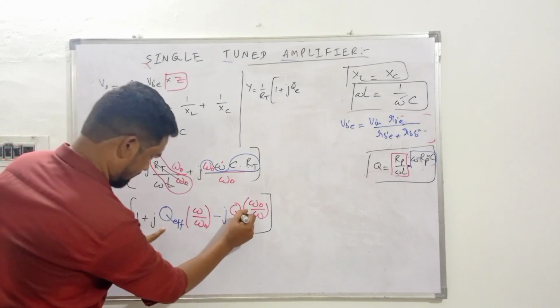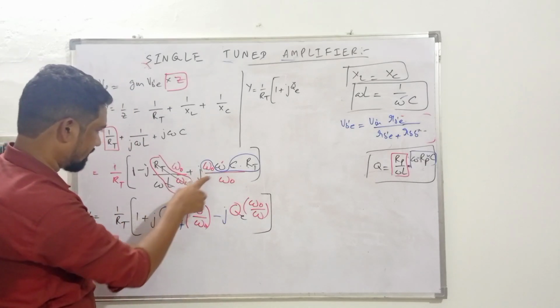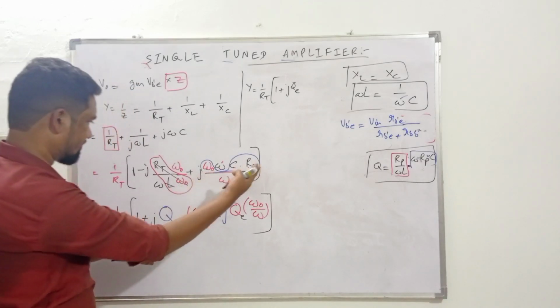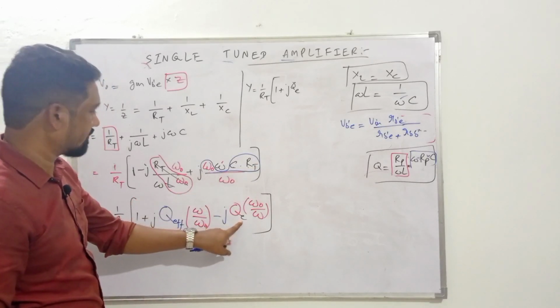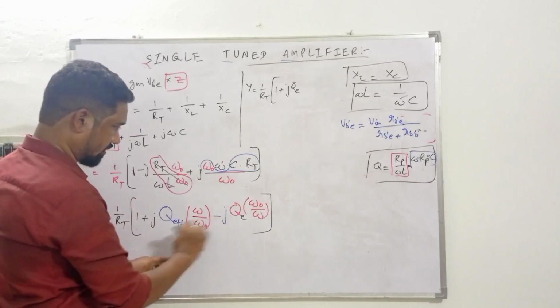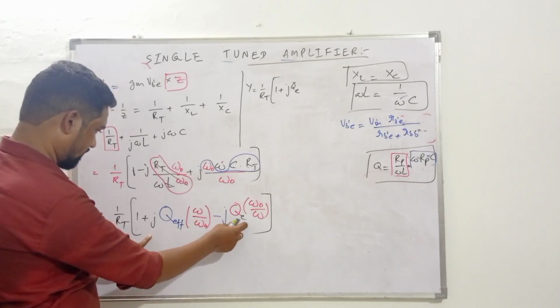Because we have that same omega naught and some suffix over here, the resultant will be the same Q. So j Q effective is common from these two.